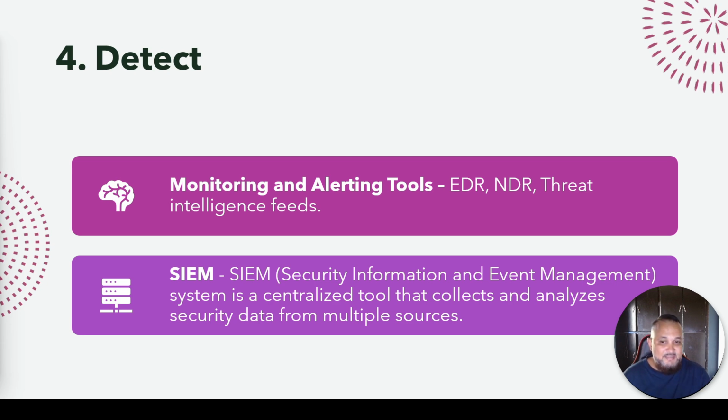That's what a SIEM is. It saves you the work of logging into all these various systems, and you could just log into a SIEM tool. A very popular one is Splunk, or Microsoft Sentinel. There's a bunch of different SIEM tools out there, and they provide you that single pane of glass where you could analyze, collect and log data, instead of going through all these different tools.